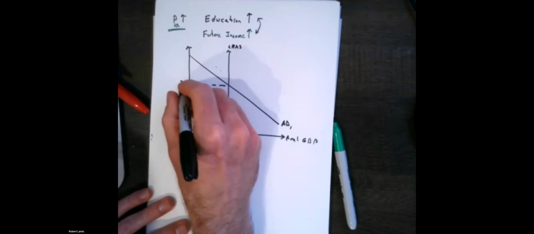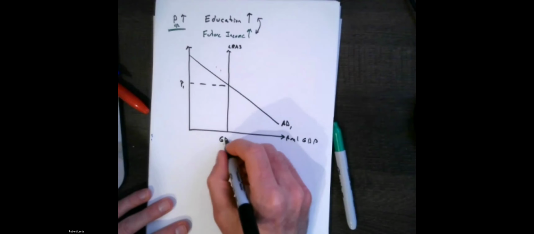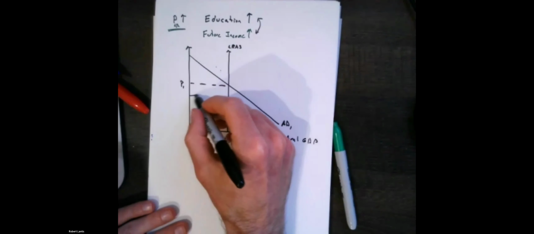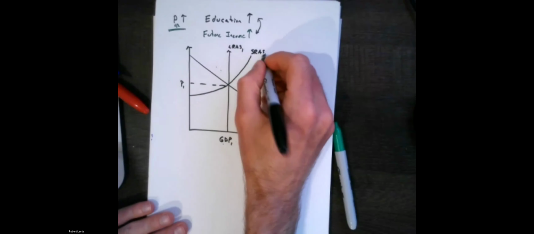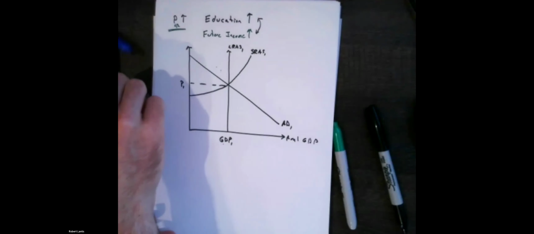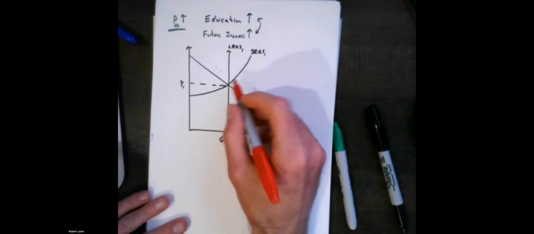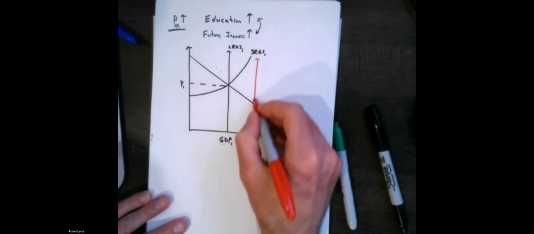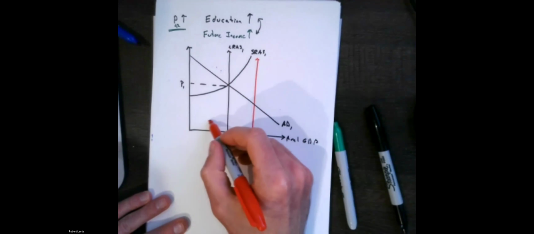Okay. So the initial thing that I would draw out is here was our starting point based off of our long run aggregate supply. Here was our price. Here was our GDP level. And I could have my short run aggregate supply in here as well. If I see this increase in education, I know that's going to impact my short run and long run aggregate supply curves.